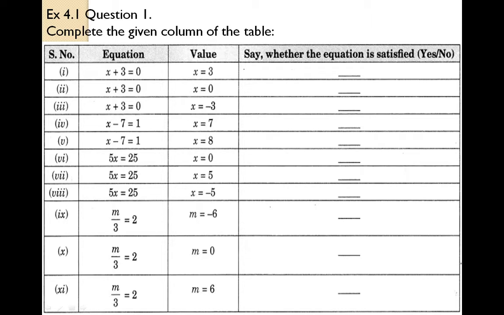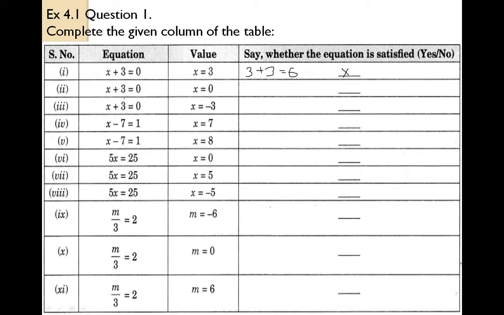If we substitute the value of x, we get 3 plus 3, which is 6. But we want the answer 0. So x equal to 3 does not satisfy the equation.